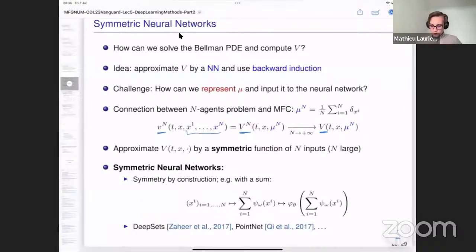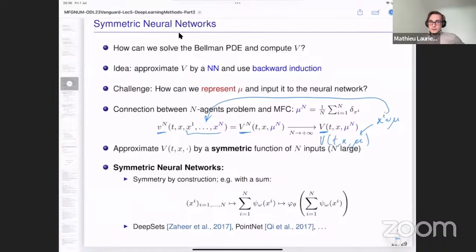And the question is, if I want to evaluate v at another point, at another distribution, how can I do that? What you can do is sample N points: you sample x_i according to mu independently. You get N samples, and then you plug these x_i's into your neural network. Because the neural network is symmetric with respect to the input, the order doesn't matter by construction.